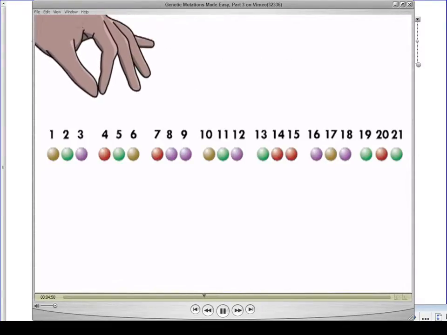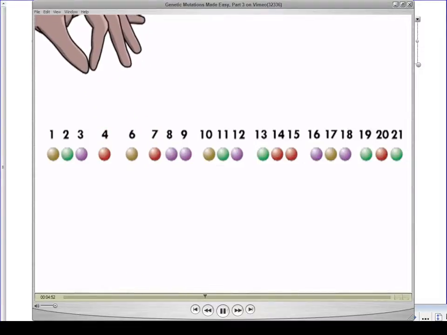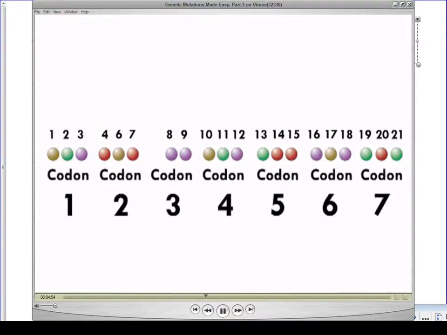Let us say that marble number 5 is removed from the sequence. That means that codon 1 has the correct marbles in it, numbers 1 to 3, but codon number 2 has the marbles numbered 4, 6, and 7. This means that it has marble 7, a different nucleotide in it.